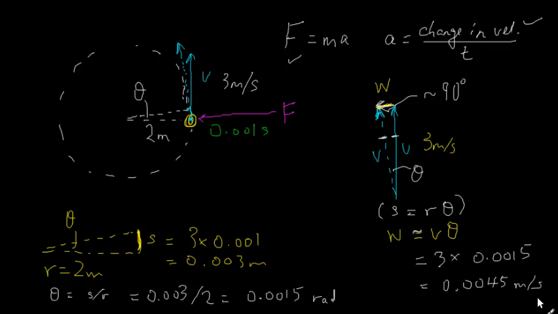Okay, so we have an expression for the change in velocity, and if I want to find the acceleration, I can now substitute it into this formula and divide by the time, which I also know, and I can find the acceleration, and then I can multiply by the mass and find the force.